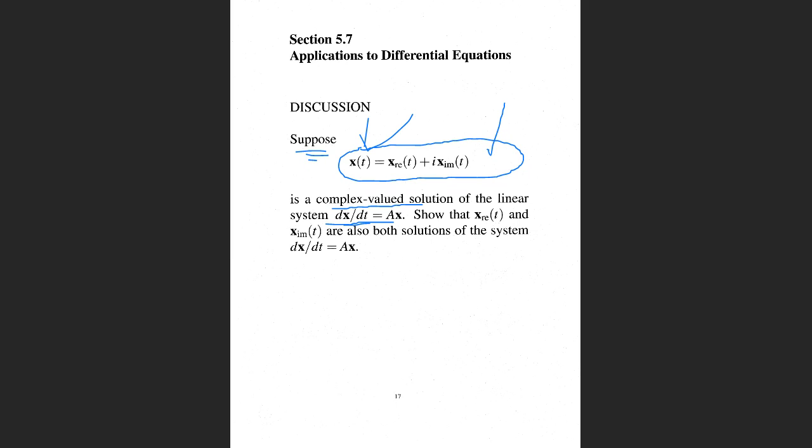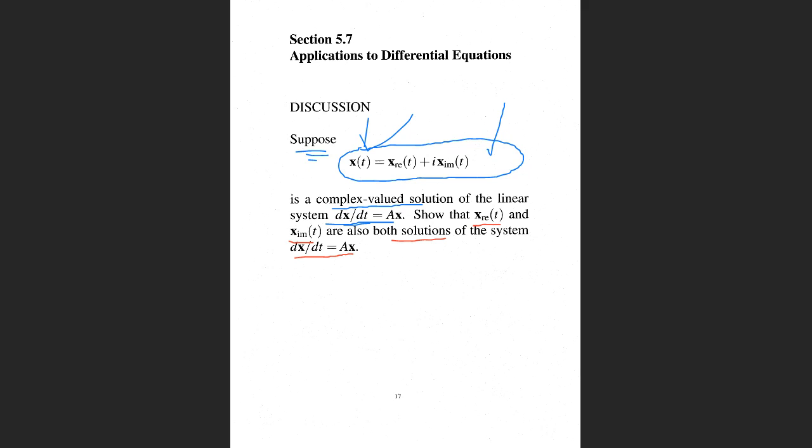If that's the case, then it turns out that the vector x sub real of t and the vector x sub i of t are also both solutions to the system of differential equations.